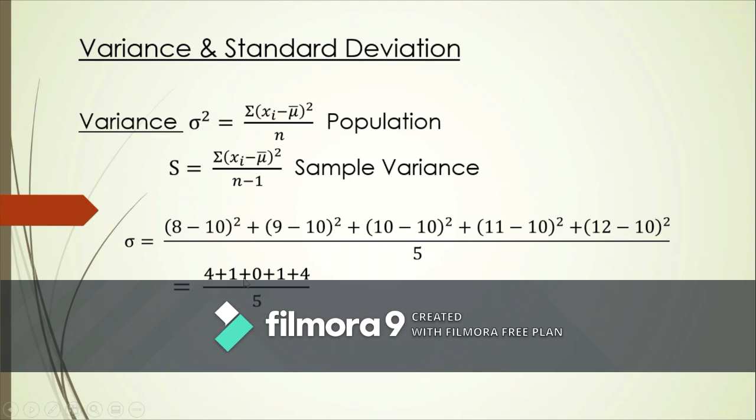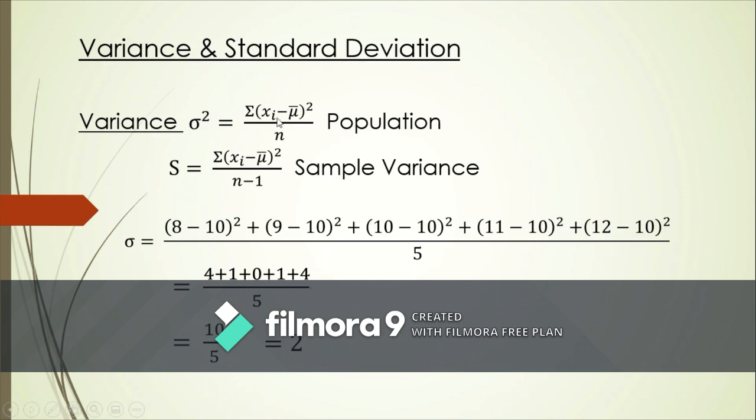So, 4 plus 1 plus 0 plus 1 plus 4 is equals to 10. Kaya, 10 divided by 5 is equals to 2. So, the variance of this data set is 2. This is for population variance.